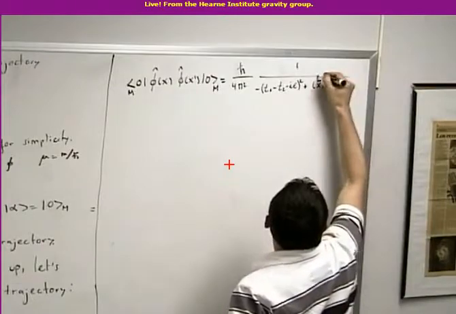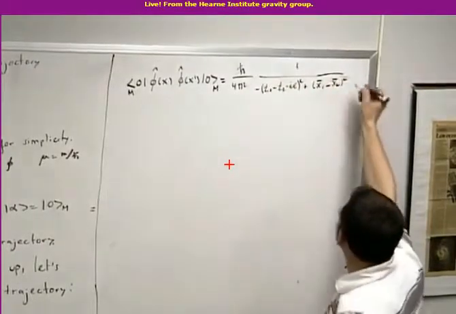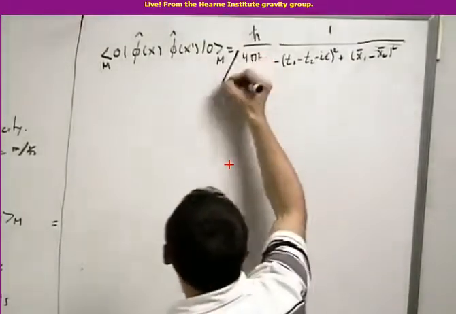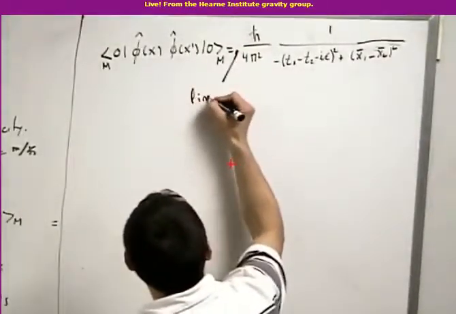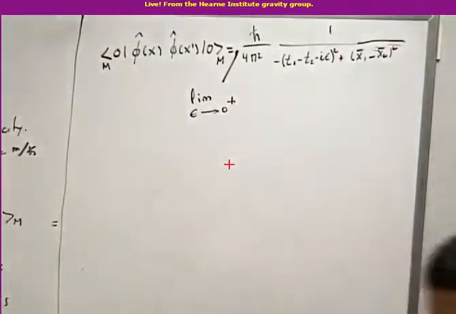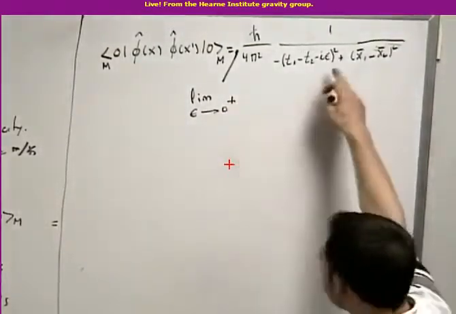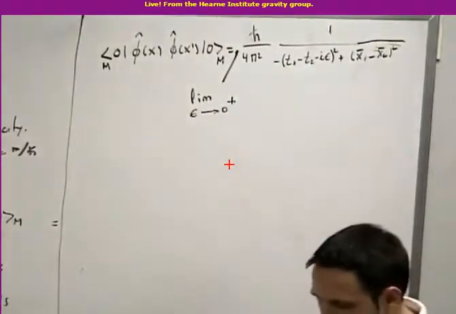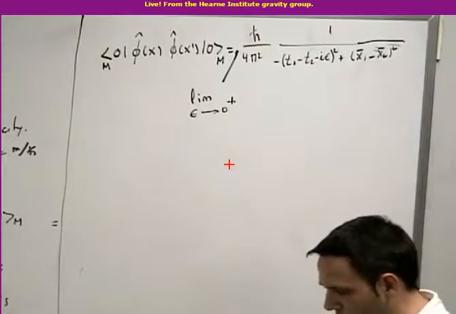So quite simple: 1 over the geodesic distance squared with the i epsilon because it's a distribution. So really, here always explicitly one has the limit when epsilon goes to 0 from above. And I insist this is needed because the two-point function is a distribution, so you need to give this i epsilon, which is what provides the appropriate distributional sense.